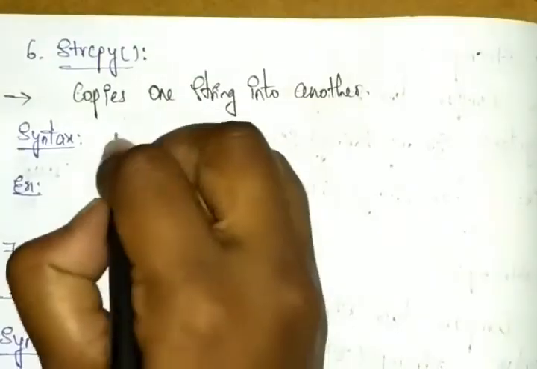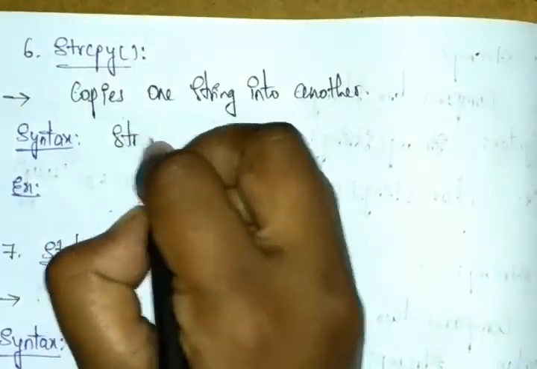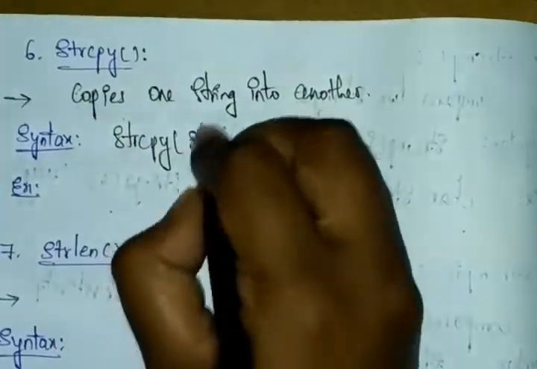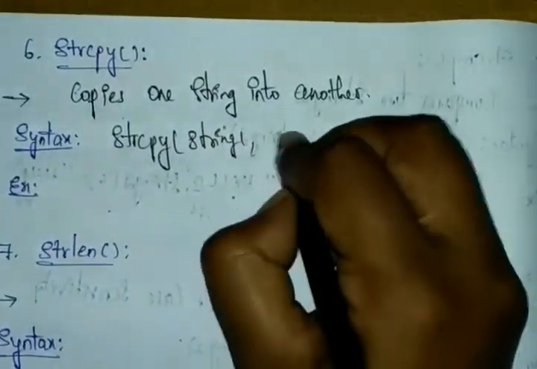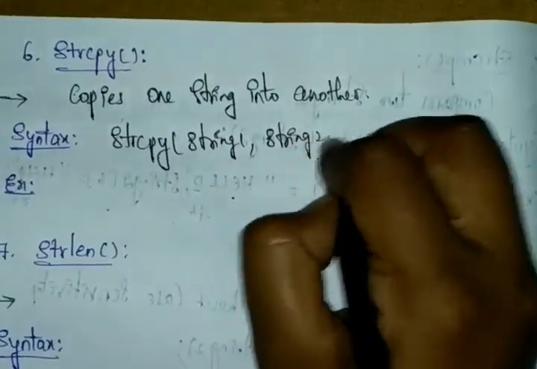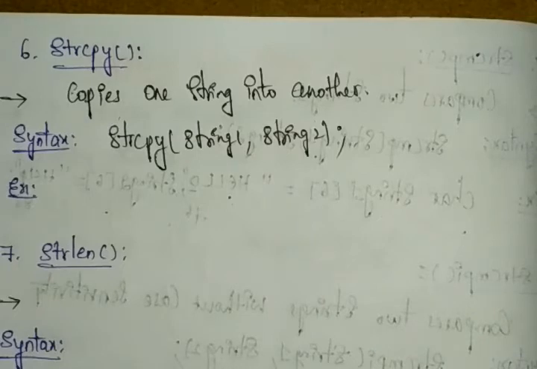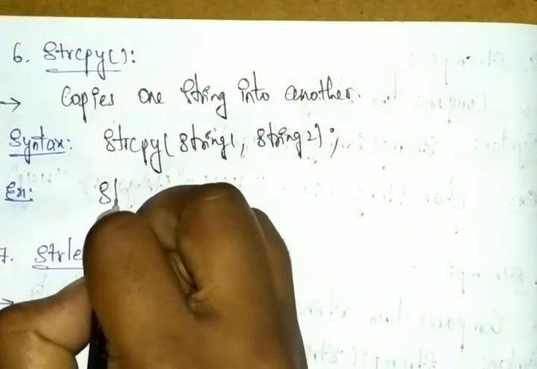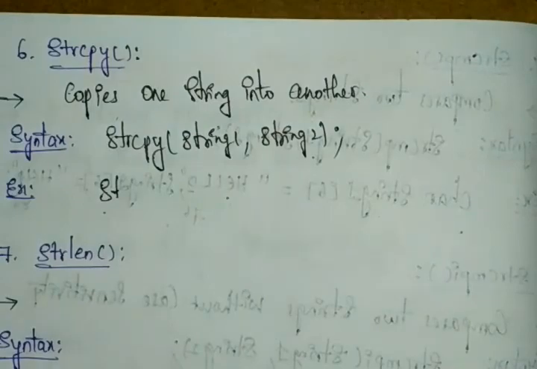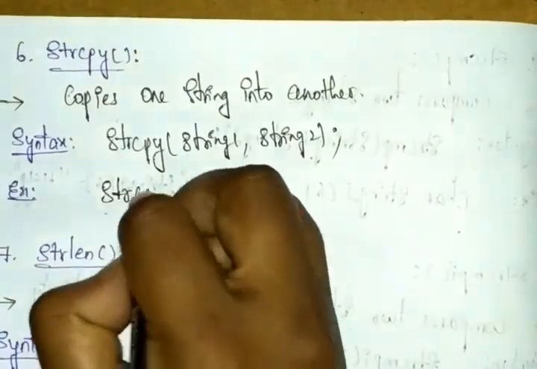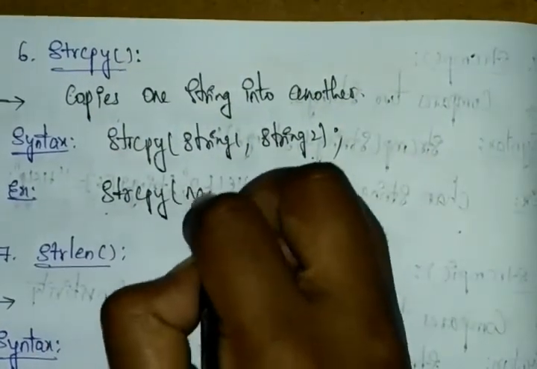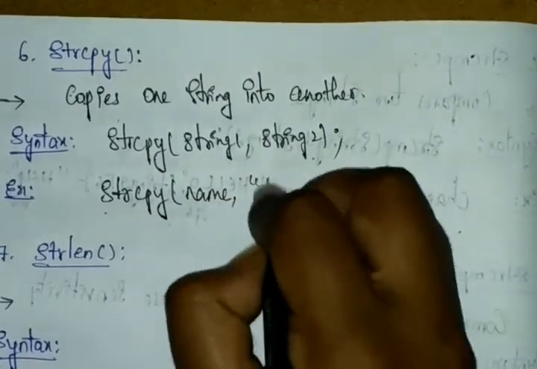So here we have the syntax: strcpy, and first we need to choose string 1 and string 2. The string 2 is copying the string 1 information. Or else here you can write string 1 is equal to the string 2 value. For example, here I am choosing string copy name like hello world.